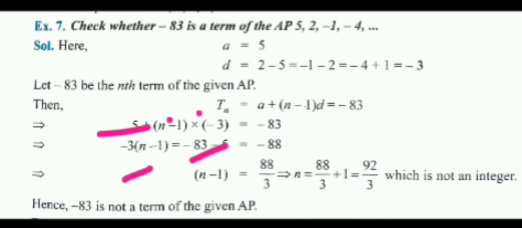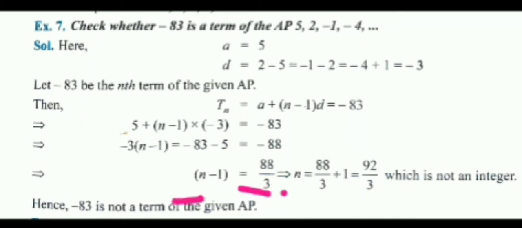Minus 3 into n minus 1. So n minus 1 will be this one by 3. So this equals minus 88. Minus 83 minus 5 equal to minus 88. Minus 88 by minus 3. So the minus and minus will cancel out. Now 88 by 3. n minus 1 is 88 by 3.